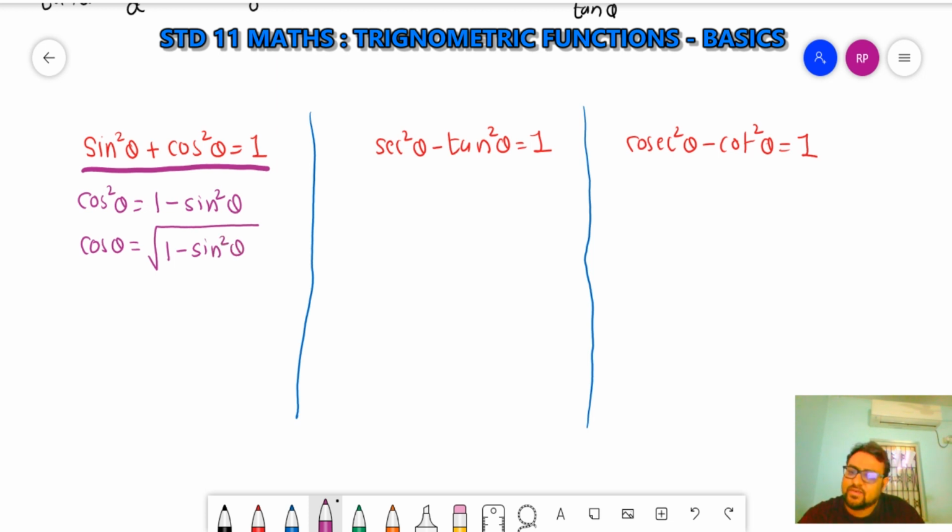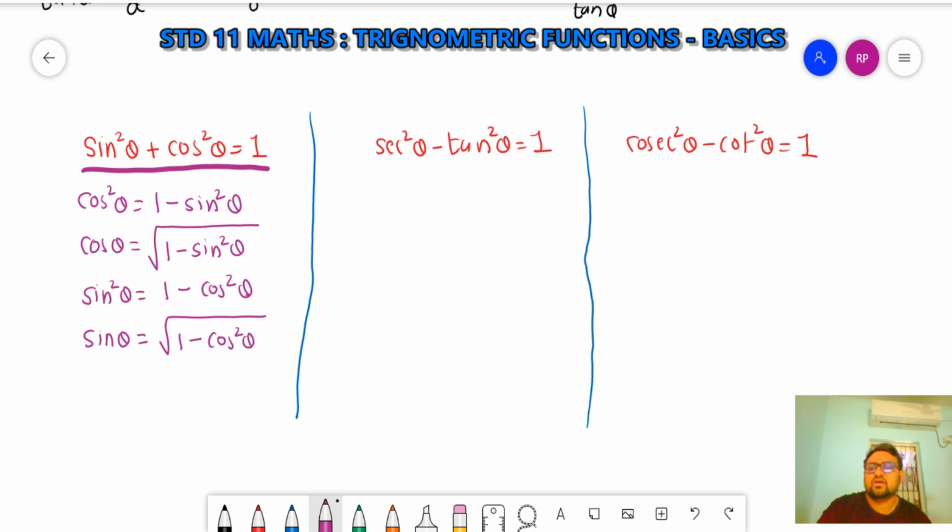Similarly, sin square theta will be equal to 1 minus cos square theta, or sin theta will be equal to square root of 1 minus cos square theta. If you don't remember these formulas, you can derive them from the main one.